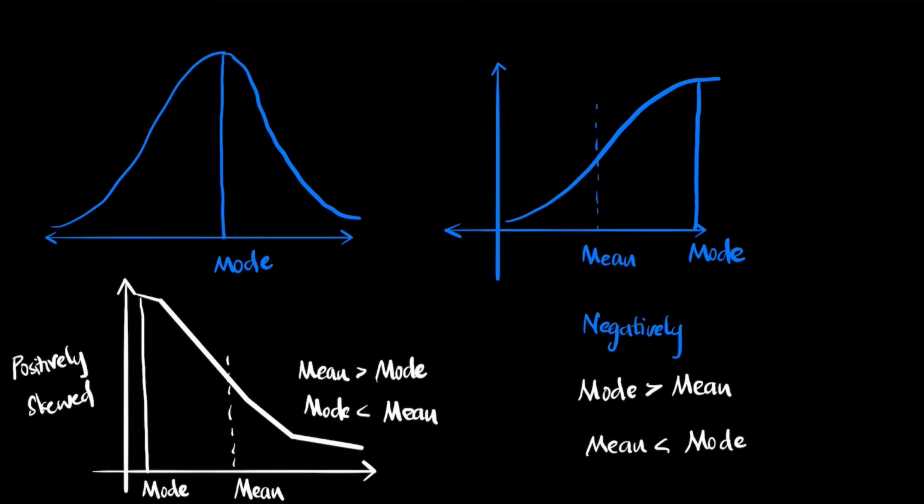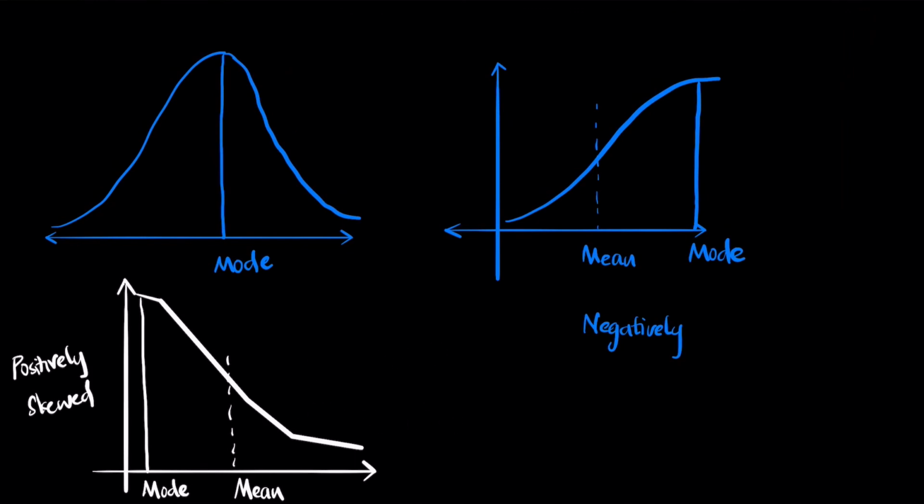So one other important factor that we can consider is how would the median come inside this. So let's include the median as well. So we know that in a symmetrical distribution, mode, median and mean, all of them lie at the same point.